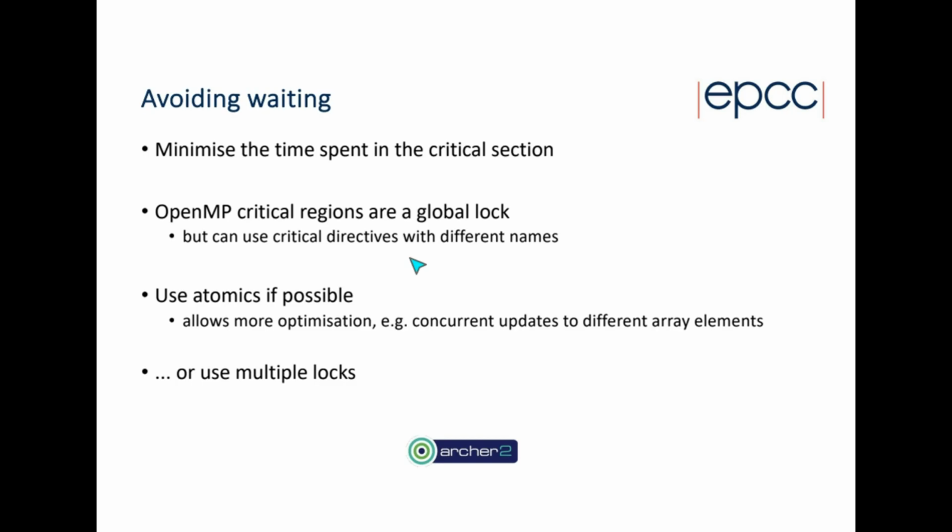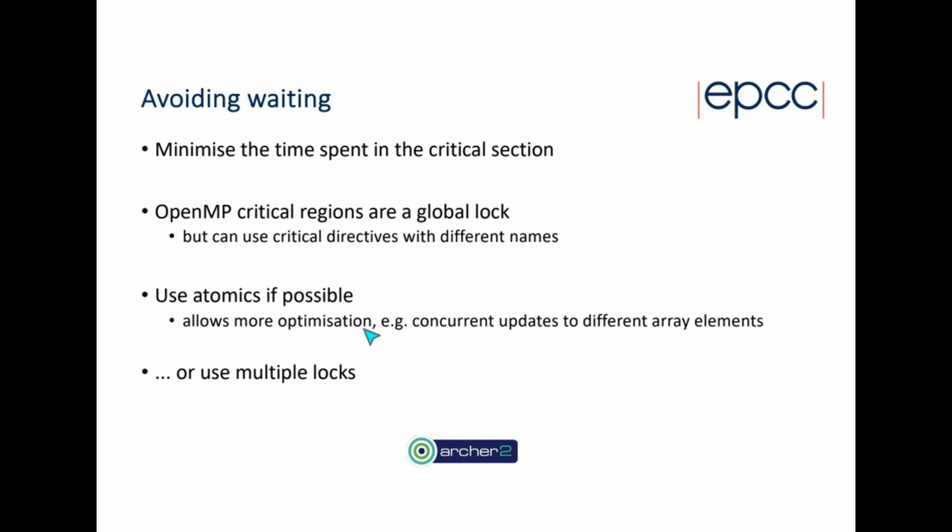So if you have more than one separate data structure that you're trying to protect with critical sections, you can use different names. And also, if you can use atomics, then you should, because they are less expensive than locks or critical sections, and they also allow more optimization.